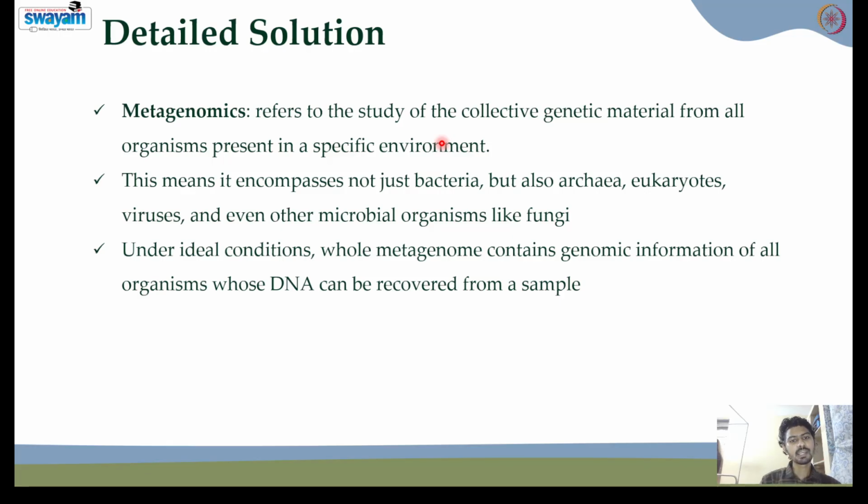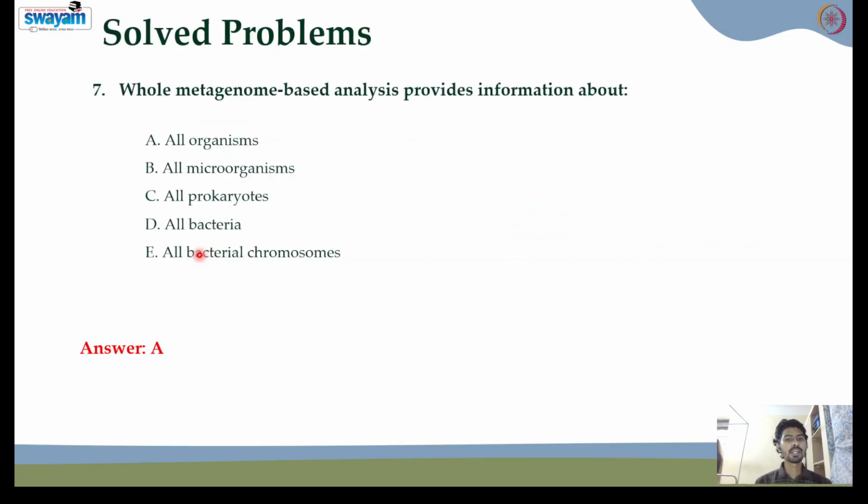This means it not only includes the bacteria, it also includes archaea, eukaryotes, viruses, and even other microorganisms like fungi. Under ideal conditions, the whole metagenome contains genetic information of all the organisms whose DNA can be recovered from the sample. That is why the whole metagenome applies to all the microorganisms.